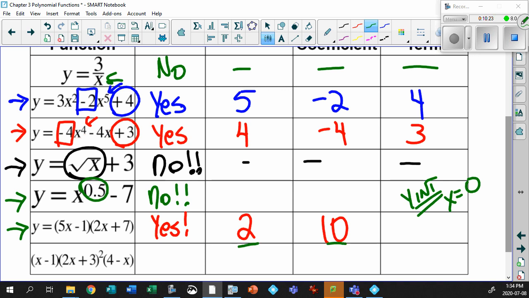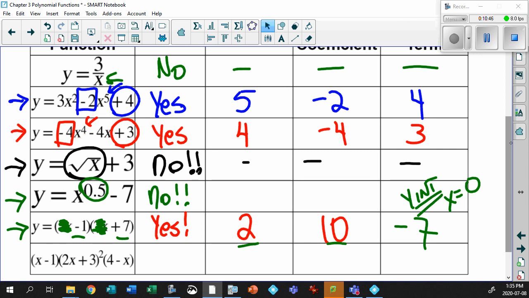I'm going to get rid of all of the x's. Why? Because this guy becomes a 0, means 0 times 5 is now 0. This guy becomes a 0, which means 2 times 0 becomes a 0. And look what you have. You have minus 1 times 7. Your constant term is minus 7. Oh my goodness. That's how it works?